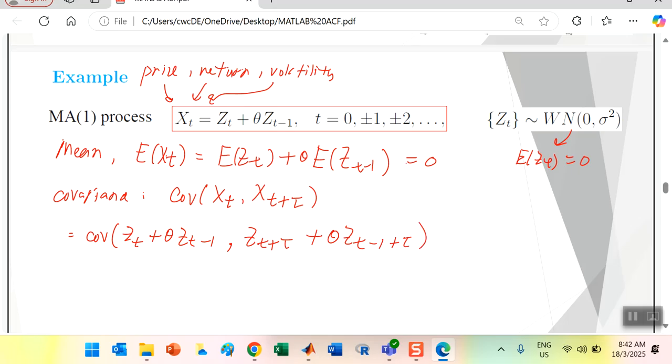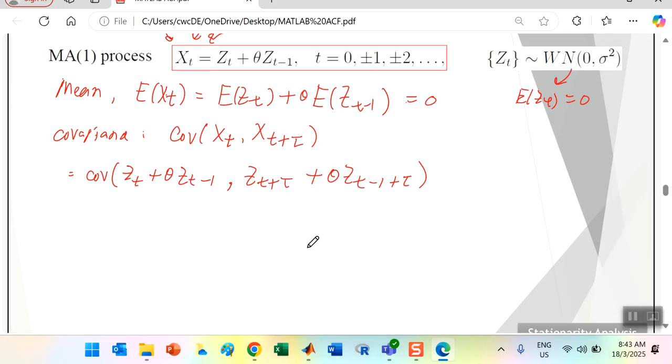Okay, then we're going to find out the covariance of XT involved.